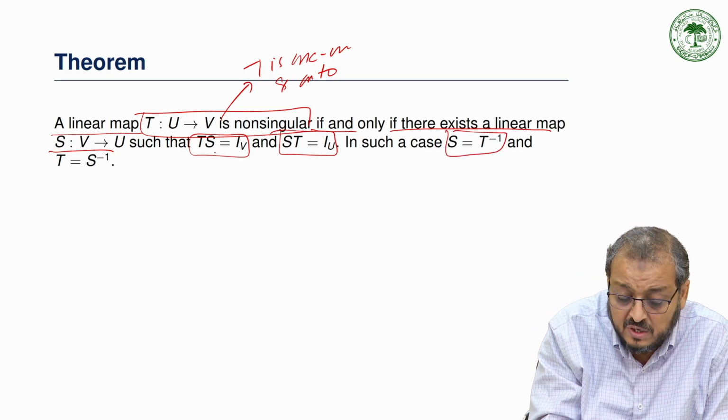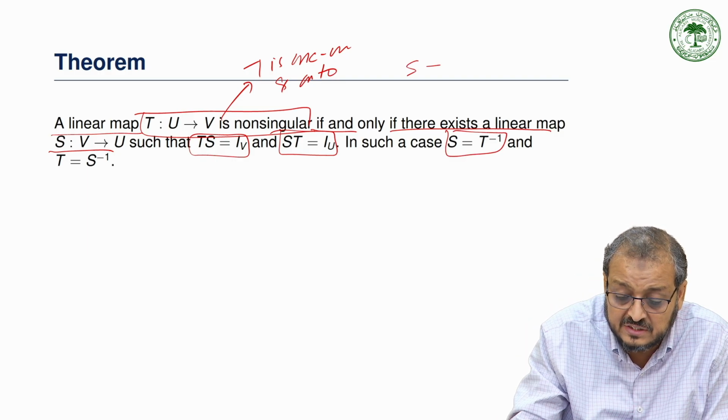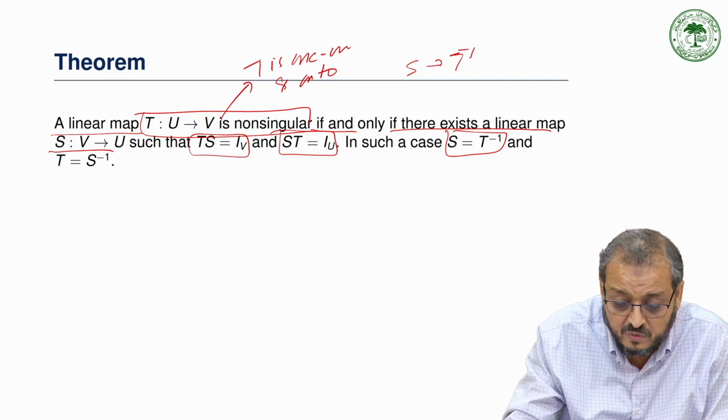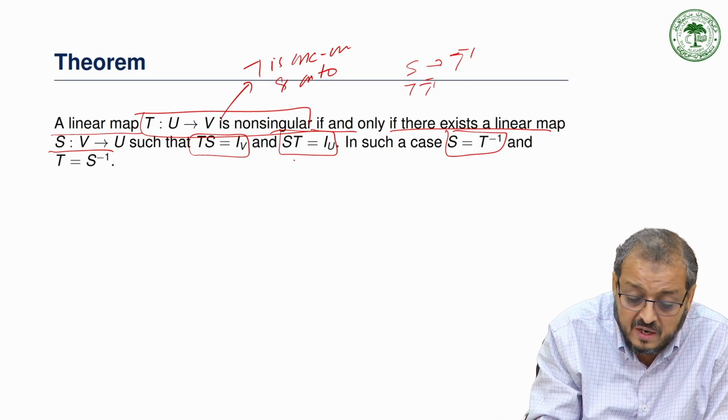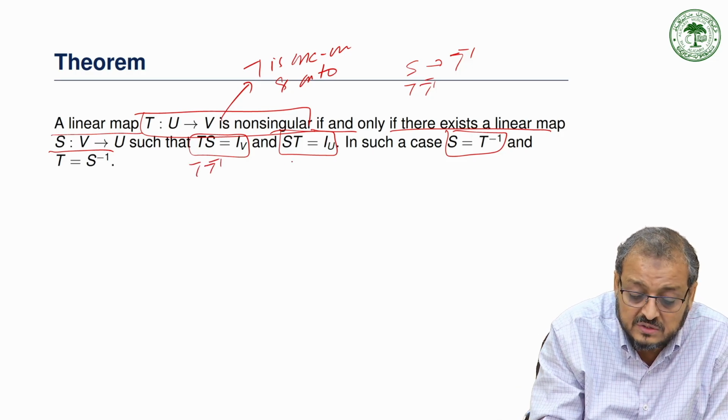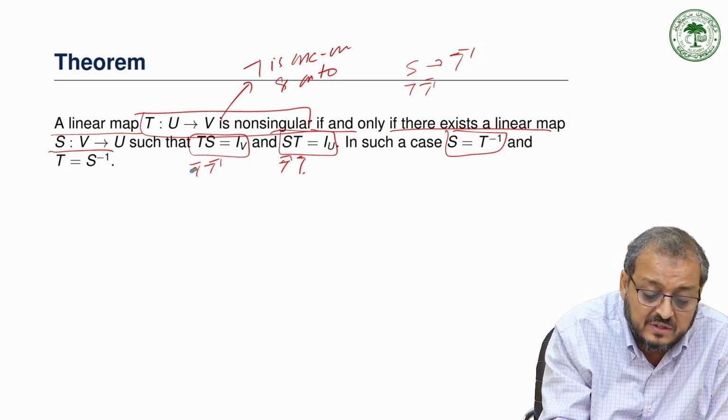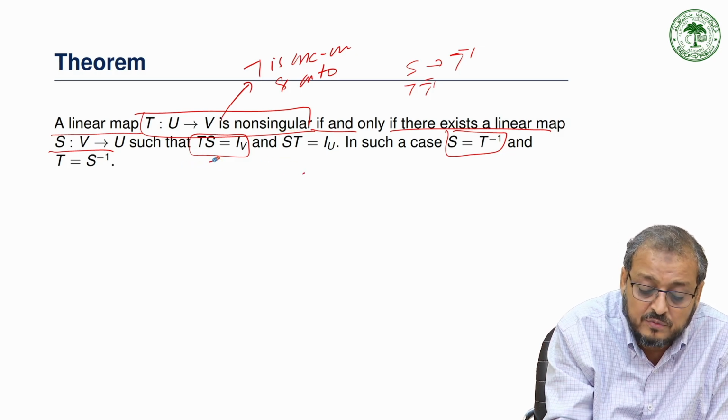Because if we take S as T inverse, then we can write this as T of T inverse and T inverse of T. By the previous example we can say that the theorem holds.